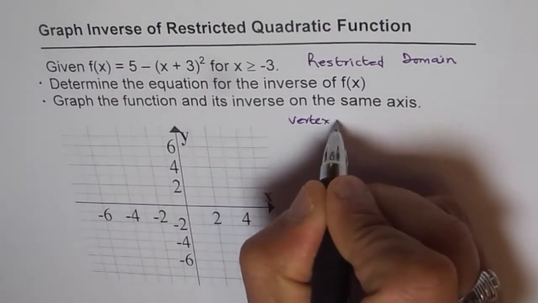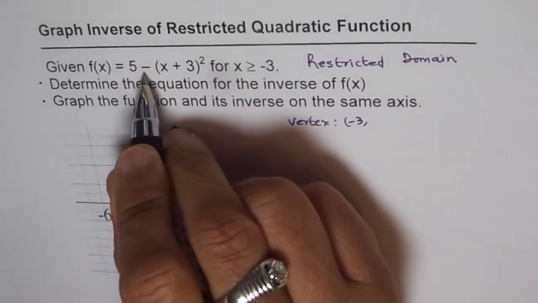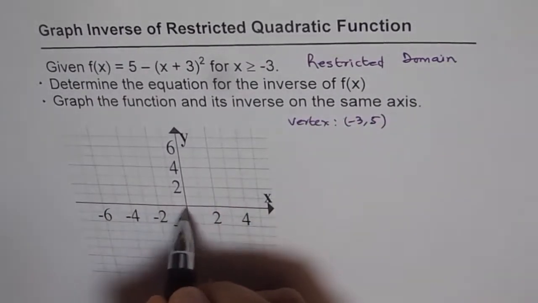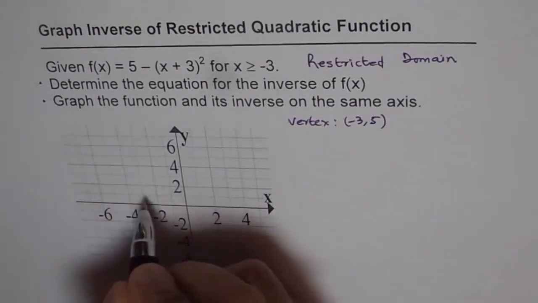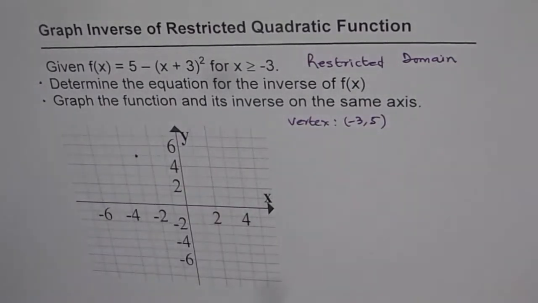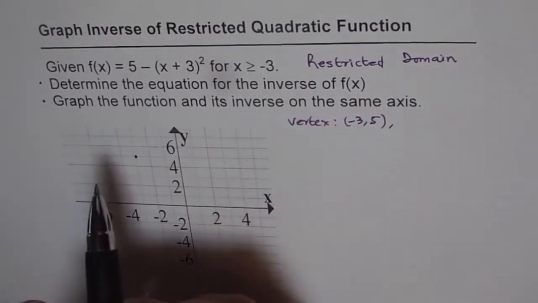The vertex in this case is minus 3, this minus sign, and plus 5. So minus 3, 1, 2, 3, and plus 5 will be here. So that is the vertex. Now once you know the vertex, you can draw the parabola very easily. I'll start with the step function to draw the parabola.